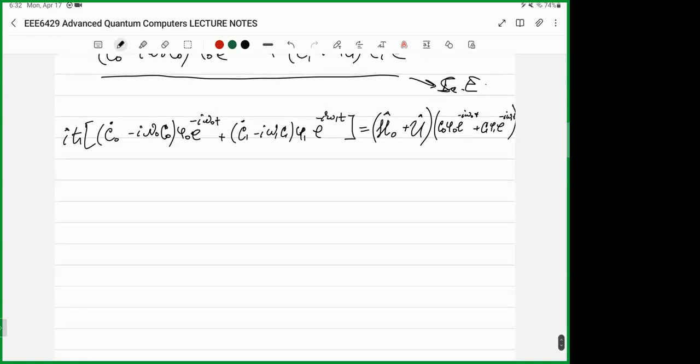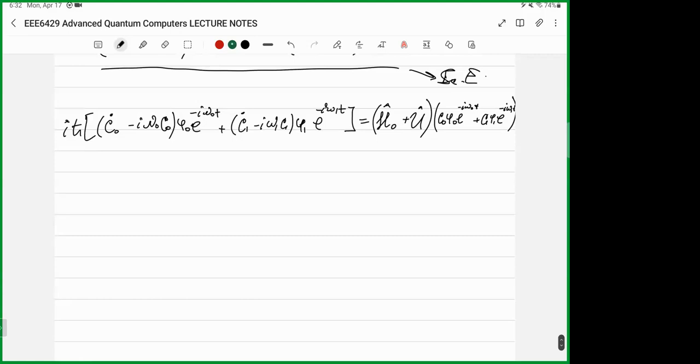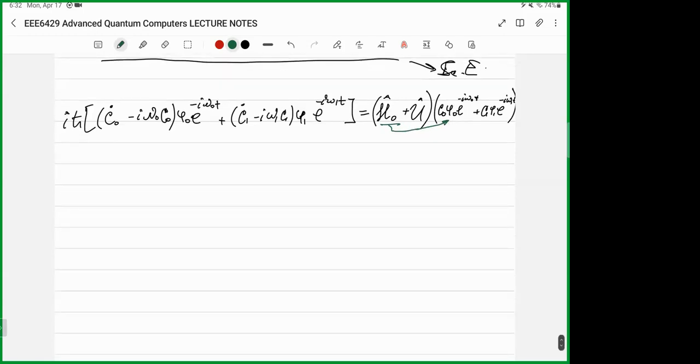So now I look at this operation here, the intrinsic Hamiltonian acting on this phi sub 0. If I consider this term, this is nothing but the steady state Schrödinger equation for the state phi 0.